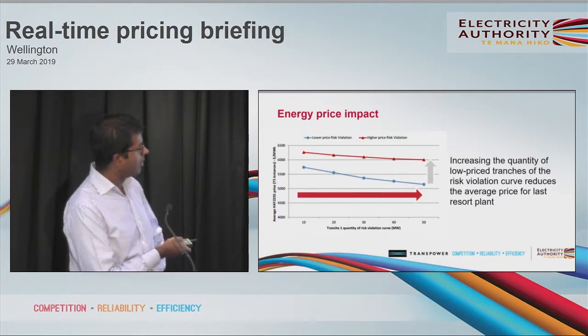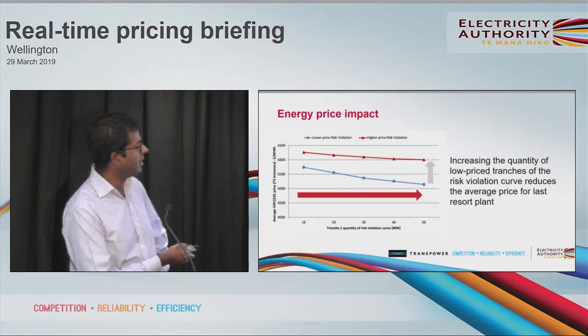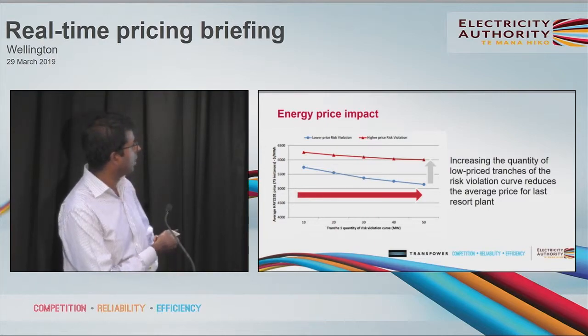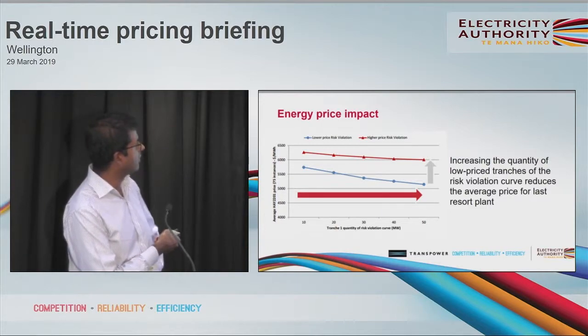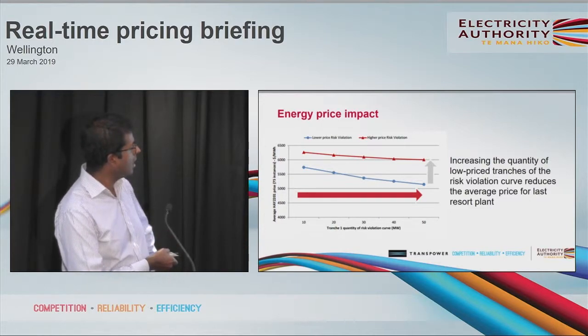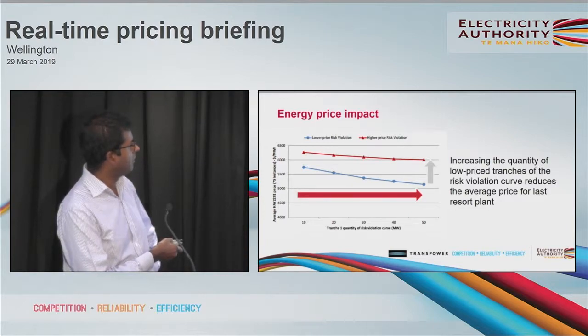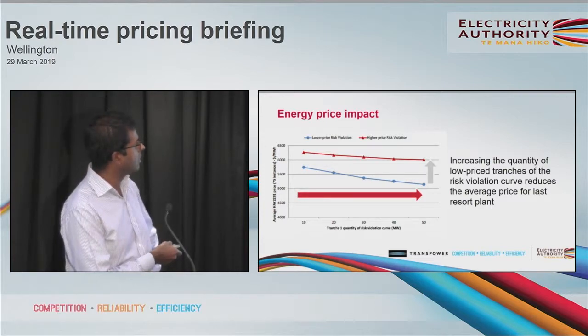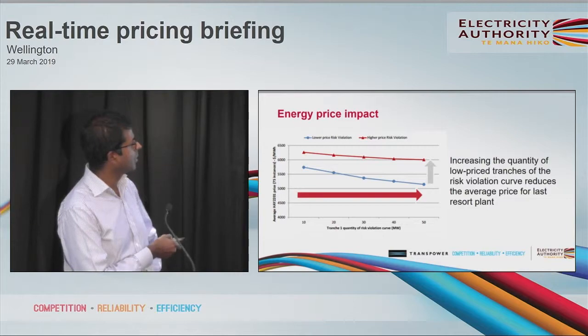This is the average price at the Haywards node over the 75 scenarios. With a shorter tranche, we're getting about a 5.7K price signal. So on average, this is what a plant responding to it will be seeing.